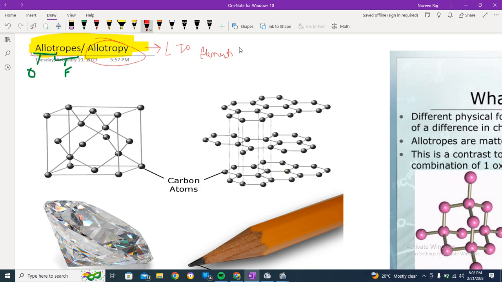Remember that their chemical nature and chemical properties are the same, because carbon is present in both, but the physical properties are not the same. Diamond is the hardest while graphite isn't, and diamond doesn't have electrical conductivity while graphite has. So here comes the difference.